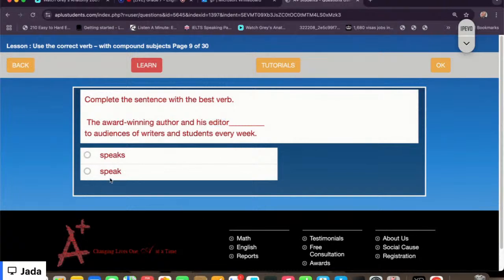So it's singular. So you would have what? A singular verb, which is speaks.